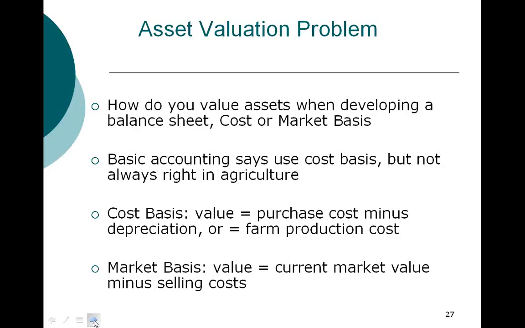This refers to how we value assets on a cost or market basis. Cost basis, which basic accounting says to use, is the actual purchase price of the asset minus any depreciation. In the case of land, since land isn't depreciated, it's the original cost of the land. Whereas the market basis is the current value, so market value minus any selling costs.